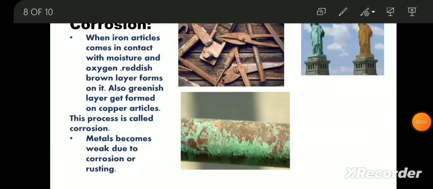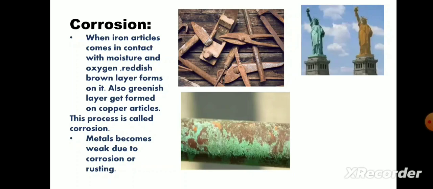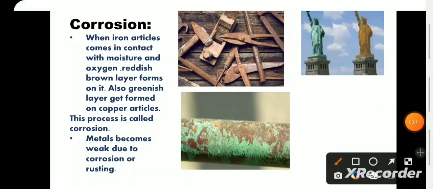Now we will see about corrosion or rusting. Whenever iron comes in contact with moisture and oxygen, a reddish brown coating or layer forms on the iron surface, and this is called rust.